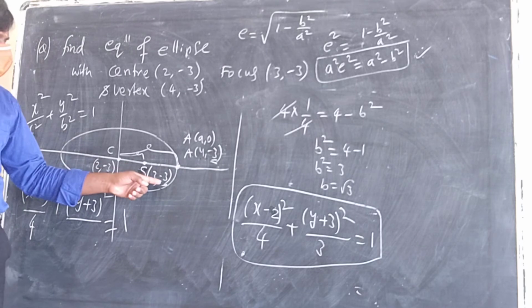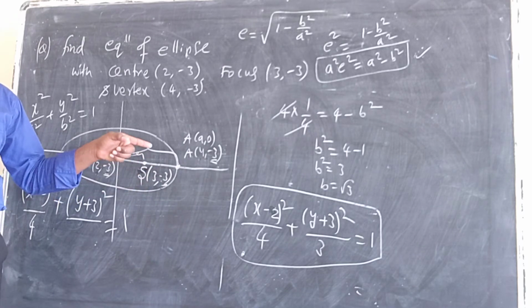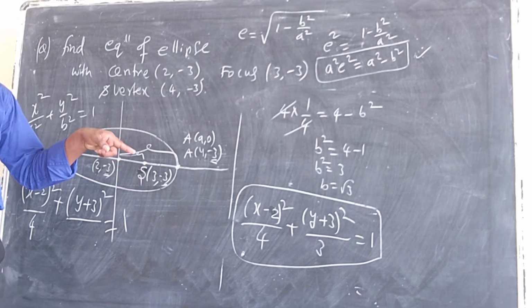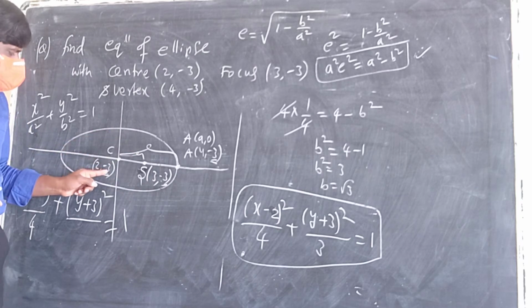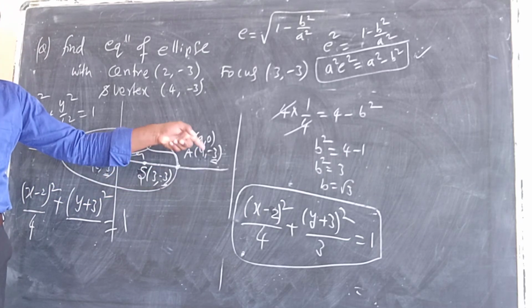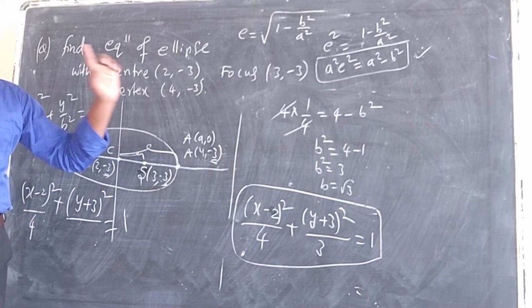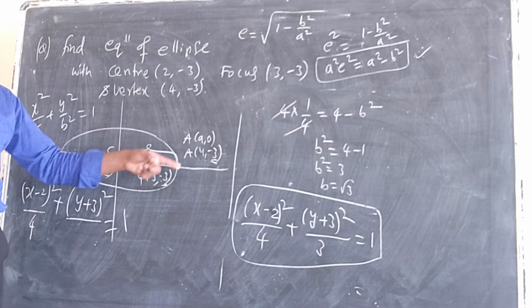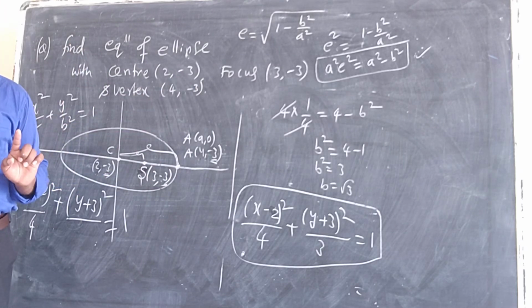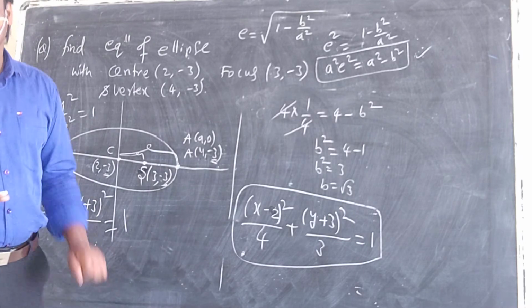So this gives the idea whether it is a vertical or horizontal ellipse. By seeing the y coordinate, I decided this is a horizontal ellipse, so we found the equation of the ellipse. Understood all? Note down.